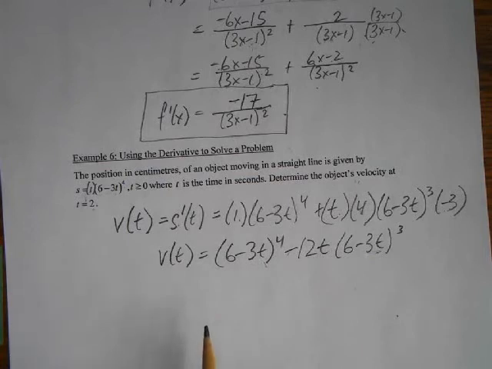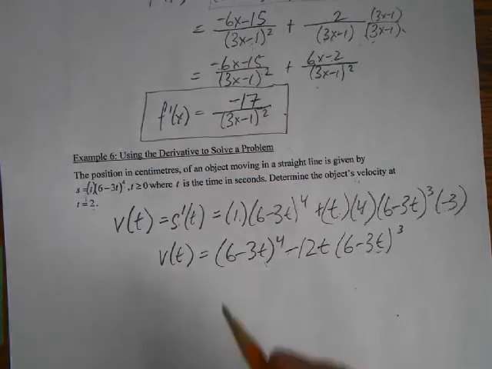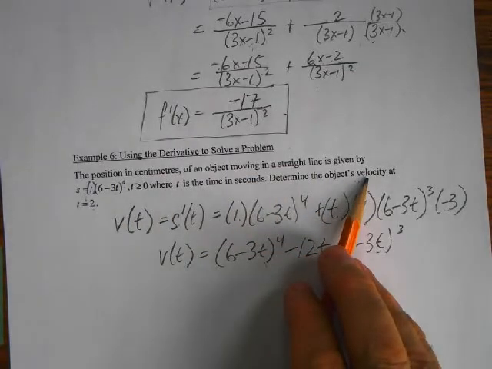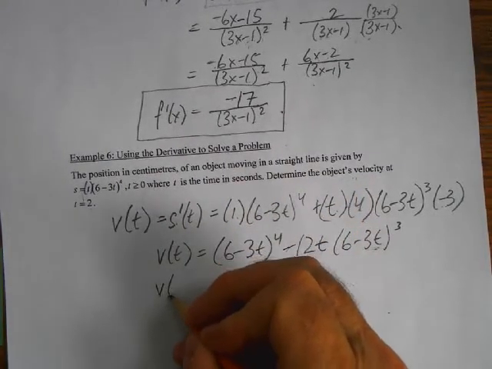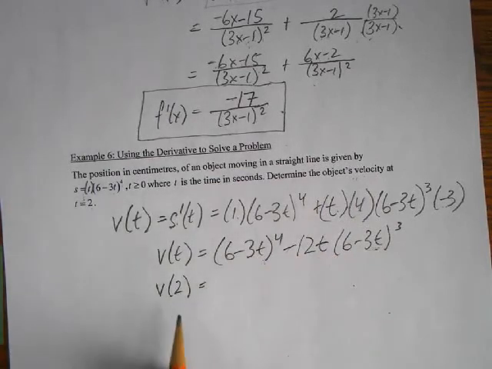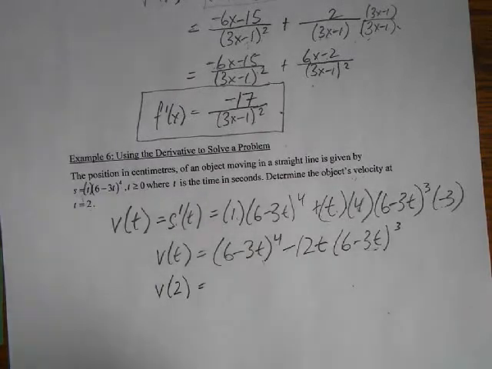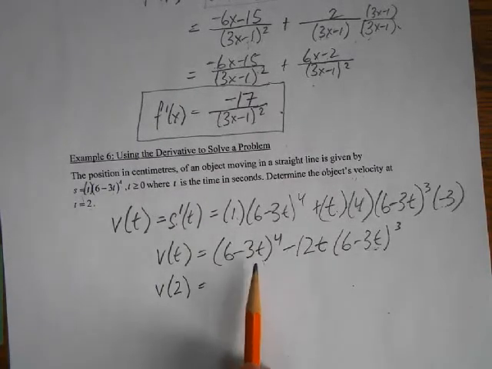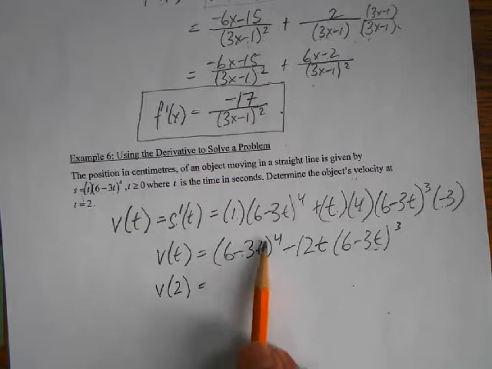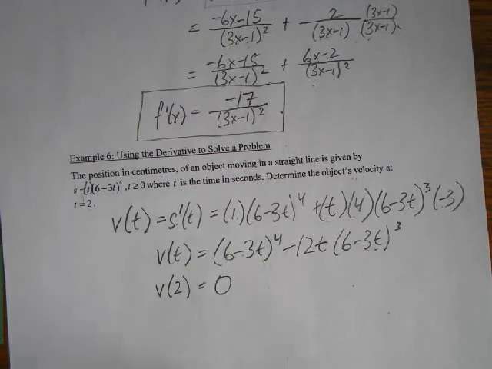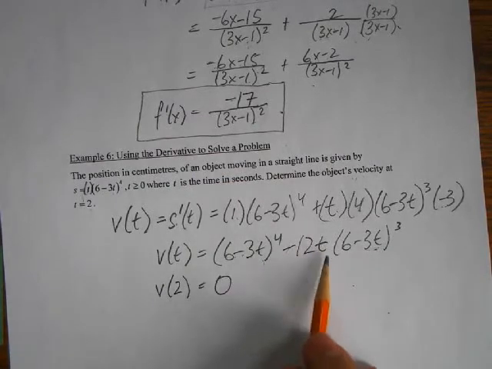Okay. Now, what we want to know is the object's velocity at t equals 2. So that's v at 2. So in this case, t is equal to 2. This one is actually pretty quick, because if I plug in a 2 here, 6 minus 3 times 2 is 0. 0 to the power anything is 0. Here I've got, well, that's going to be like negative 24.